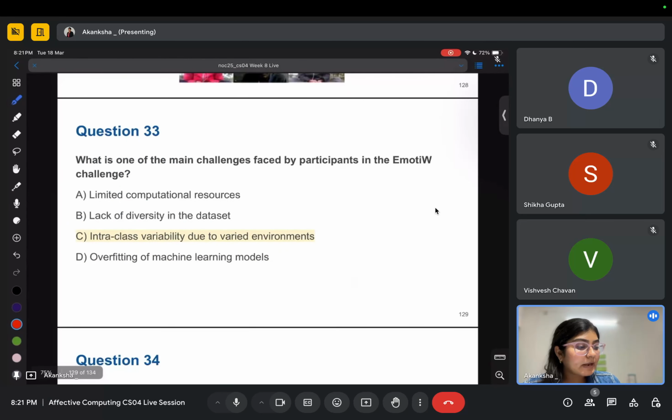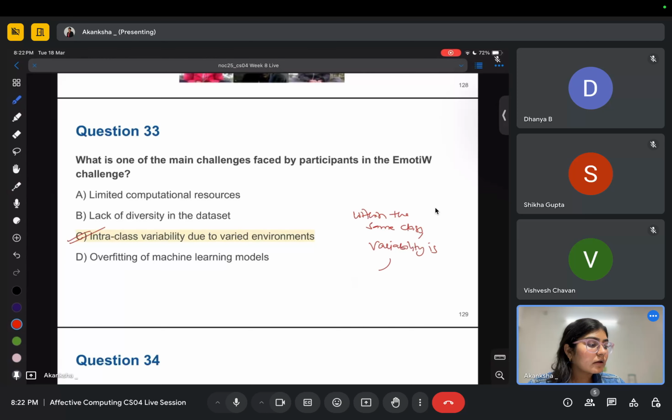So the main challenge is intra class, meaning within the same class variability is high. If it is just a straight up smile, I can say everyone is happy. But it is much more complex in the case of in the wild datasets. So limited computational resources, no. Lack of diversity, no, it is very diverse. Overfitting, no. Intra class variability due to varied environments, this is the correct answer.